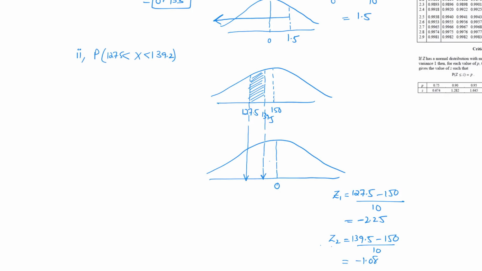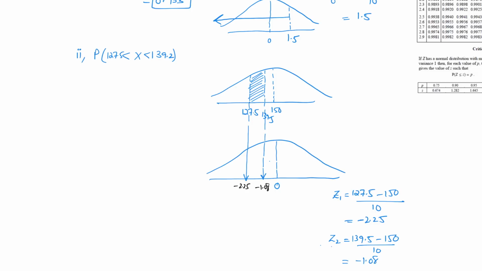So these values are minus 2.25 and negative 1.08. Now we know that we cannot use our table directly to find the probabilities for negative z values. We will have to reflect it.